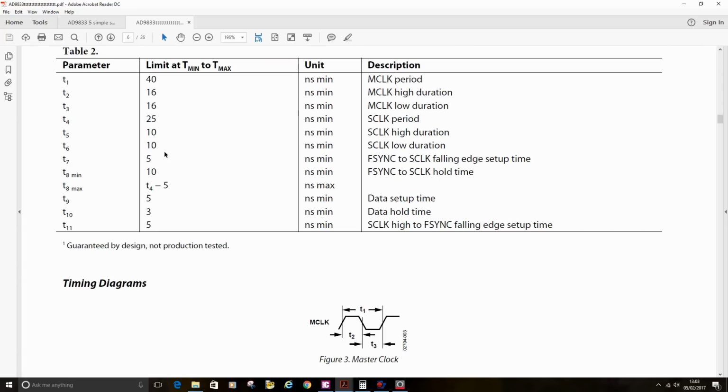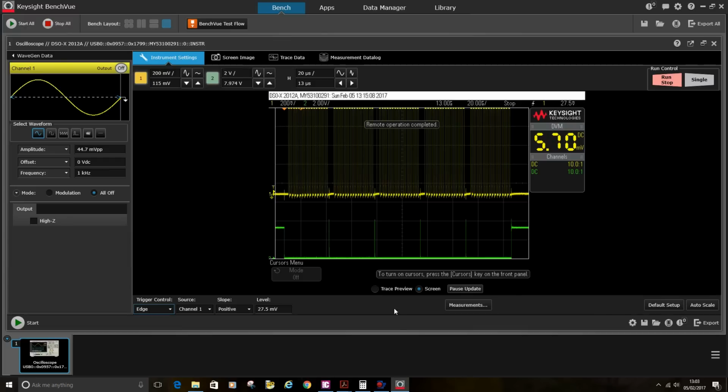T4 take T5, so T4 25 nanoseconds take T5, so that's 15 nanoseconds. Go back to the scope, expand this out.